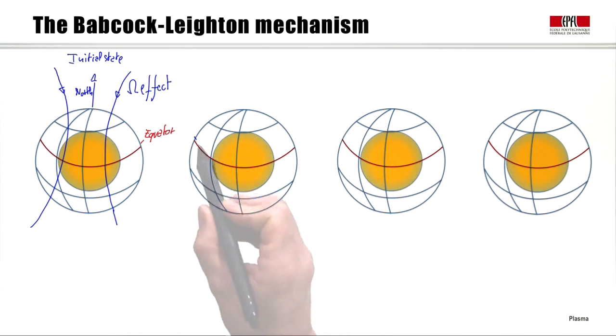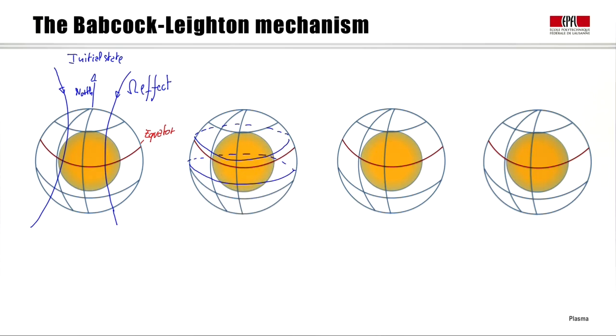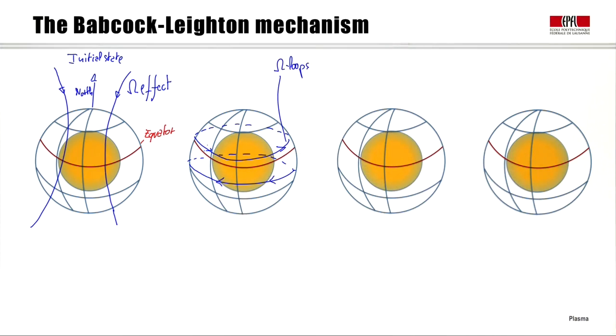As a result of the omega effect, we end up during the first stage of the dynamo process with omega loops, which are magnetic field lines that are purely toroidal, and they are oriented as shown here. In the northern hemisphere, the magnetic field is directed in the direction of the rotation of the Sun. In the southern hemisphere, the magnetic field points in the opposite direction.